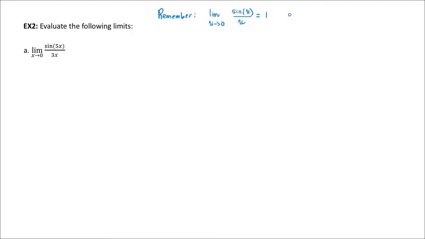Another thing that I want to inform you of is that if we have the limit as u goes to 0, and now we consider the reciprocal of sine u over u, if you have u over the sine of u, the answer is the same. This limit is equal to 1.